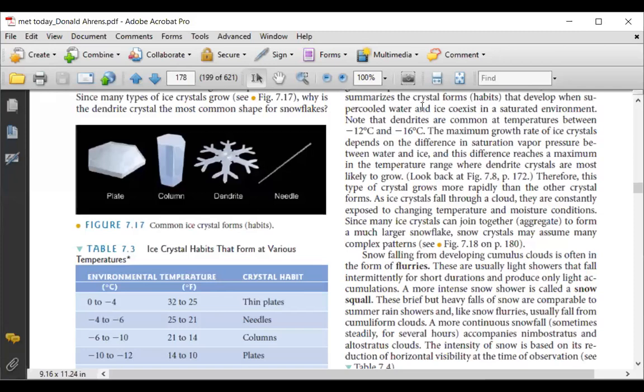Another thing is that dendrite crystals are more likely to grow with the differences between the ice and the water, that means the temperature differences between the ice and water, which is also a favorable condition with the differences in saturation vapor pressure. So two things: one is temperature, another is vapor pressure. That's why in this temperature the dendrite is likely to form, and that's why dendrite grows rapidly rather than the other types of design.